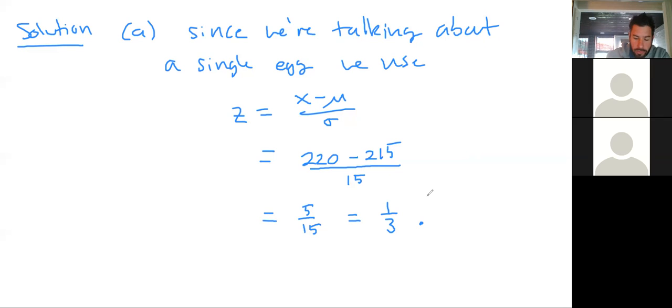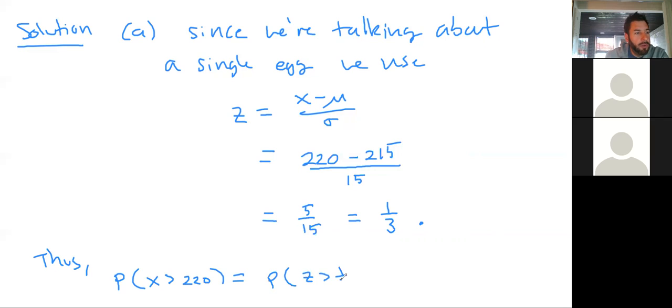So what were we interested in? Well, we were interested in the probability that X is greater than 220, which is the same as the probability that Z is greater than a third.